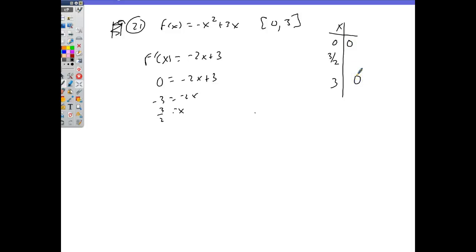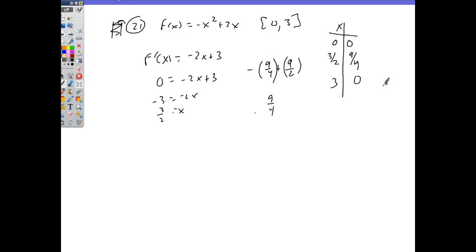Then I plug in 3 halves, and I get negative 9 fourths plus 9 halves, and that's going to give me 9 fourths. So where are my absolute extrema located in terms of x? It says locate the absolute extrema of the graph.